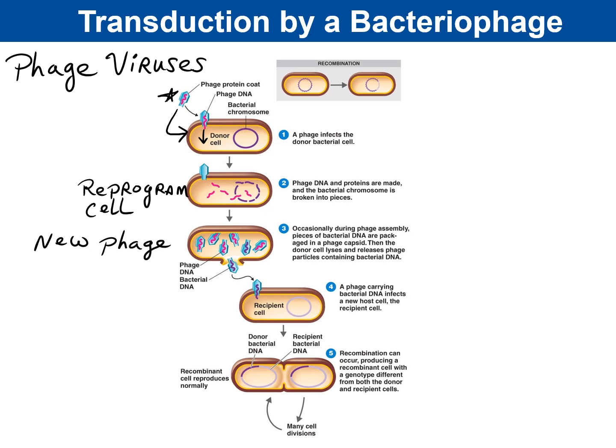And these newly formed phage occasionally make a mistake. Something unexpected can happen where the new phage may package bacterial DNA instead of its intended viral DNA. So new phages may package bacterial genes.